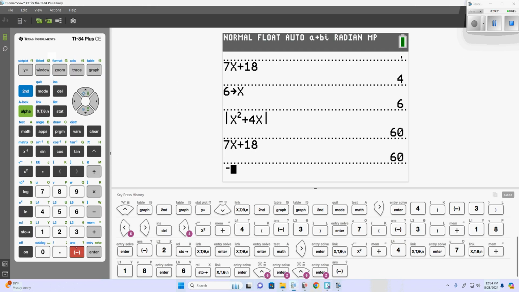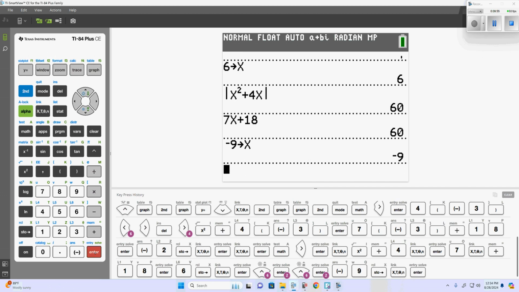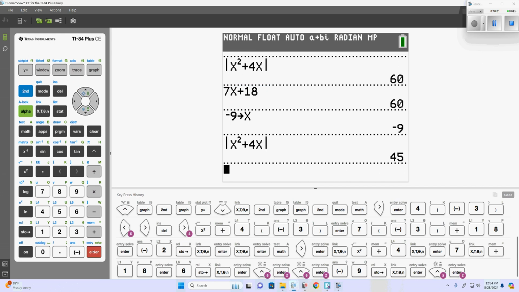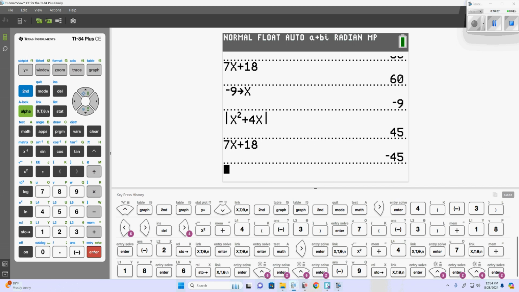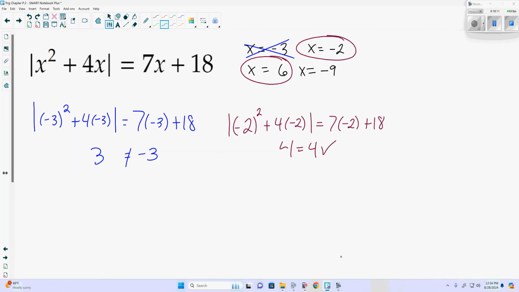Come back over and say negative 9, store X. I have a feeling this is going to be negative 45. So negative 2 and 6 are the only two solutions that do work. Questions on this here?